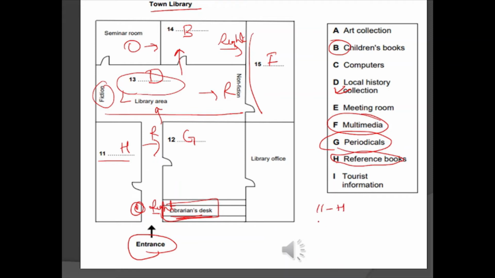It was originally the art collection, but that's been moved to another building. And that's about it. Oh, there's also the library office on the left of the librarian's desk. OK. Now, does anyone have any questions?